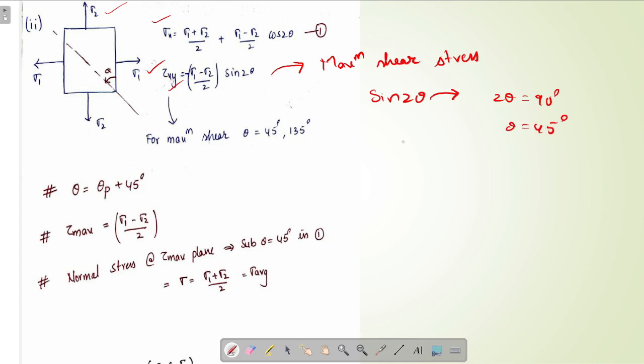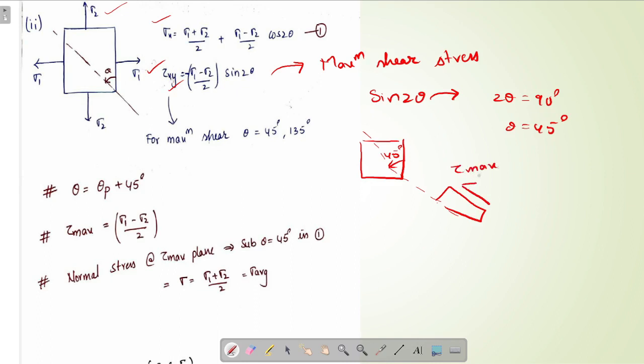That means from this particular principal plane, at a 45 degrees angle, there is a plane such that on this plane tau is maximum shear.